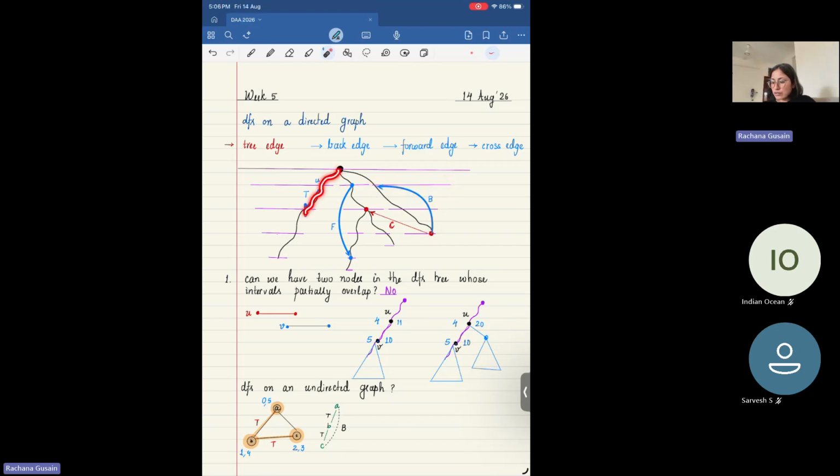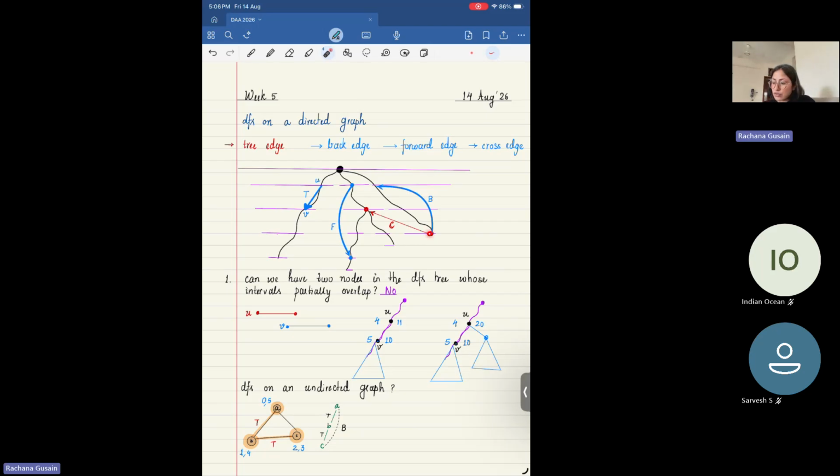Because as we move along a path from top to bottom, the finishing time will keep on decreasing. If it's either a forward edge or a tree edge, those are going to take me to a node with a lower finish time. You see, the finishing time keeps on decreasing, and the starting time will keep on increasing. But it's only the back edge that is going to take me to a node with a higher finishing time.